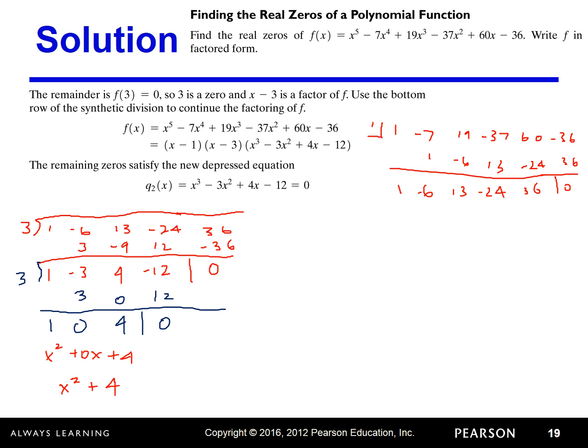Well, this does not have any real 0. It has 2 non-real zeros. So we're kind of out of zeros. But the x squared plus 4 is going to be part of the factorization because we still have to write f in factored form.